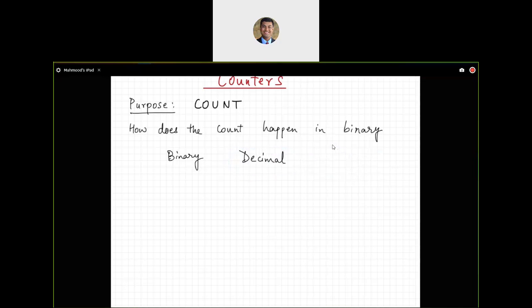We know how to count in decimal. Everybody has 10 fingers, 10 toes. So that's a very familiar number system to humans, the decimal number system. And now we have something that should allow us to count in binary. So we are going to see how binary numbers convert to the decimal numbers.